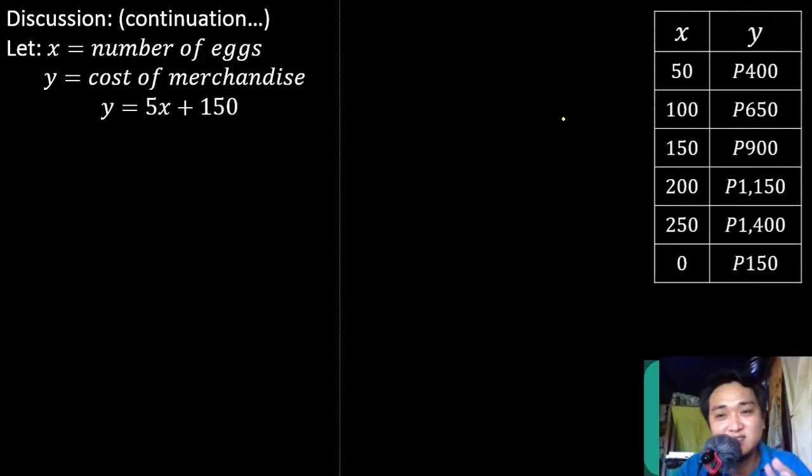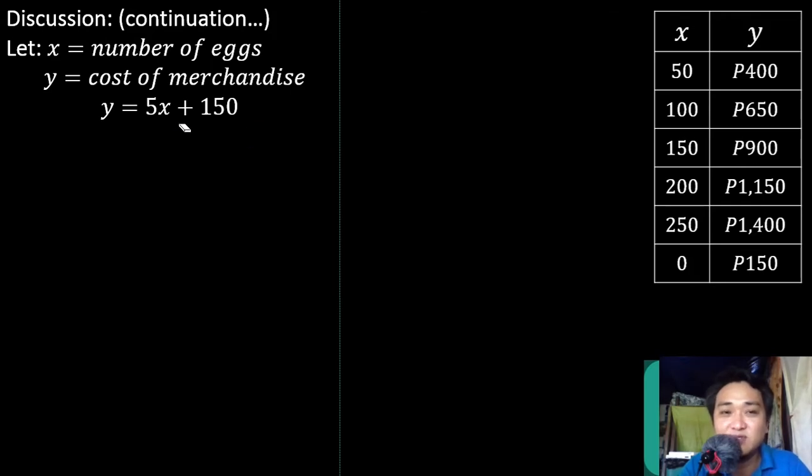Okay, so let us just try to recall. Kasama na yun, this is one way to relate our topic with our previous topic, which is the Cartesian coordinate system. Di po ba? So, isa to sa mga application, isa napakagandang application na dinevise ni René Descartes, wherein it allows us to graph functions. Allows us to graph ordered pair. So in this case, ayan o, y is equivalent to 5x plus 150.